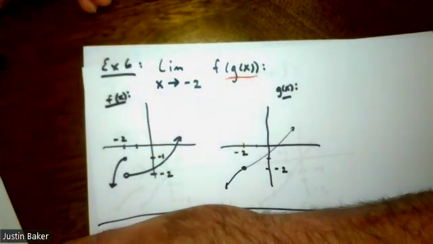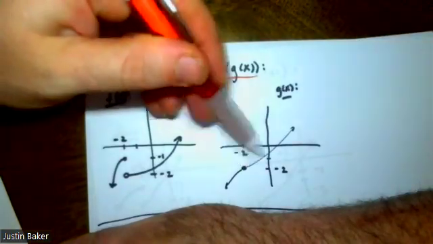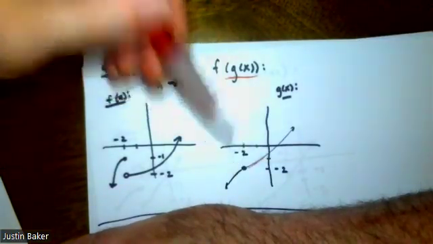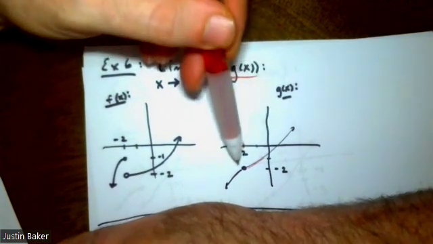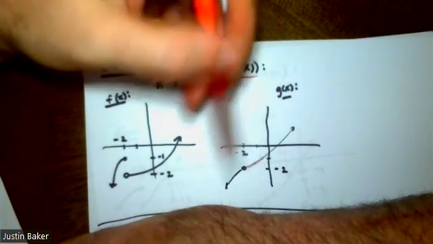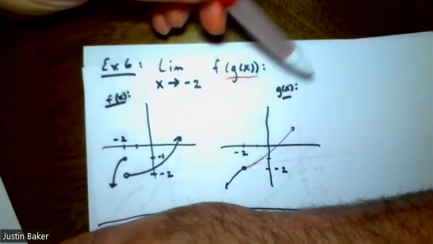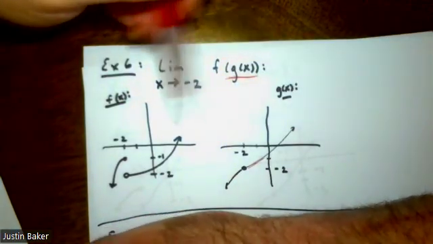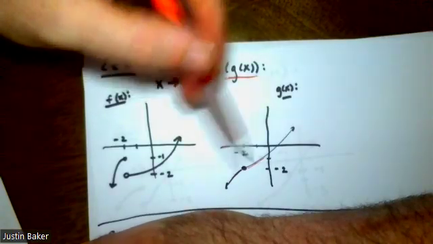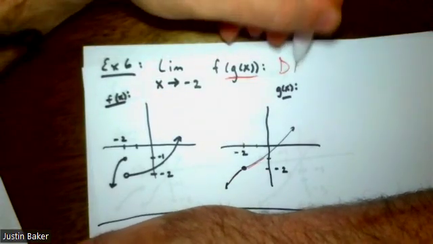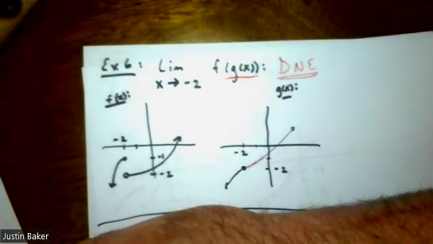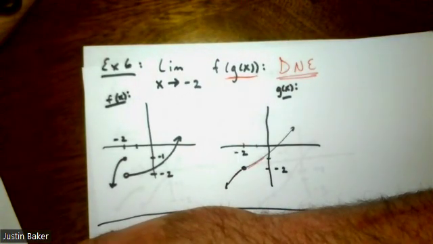Now, what's different in this example? This is not entirely above or entirely below. So in other words, if this whole graph was above, it was from the right. If this whole graph is below, it's from the left. And in this circumstance, if you have one of each and you can't tell, then the answer is does not exist.